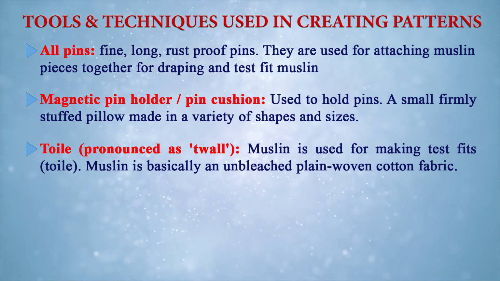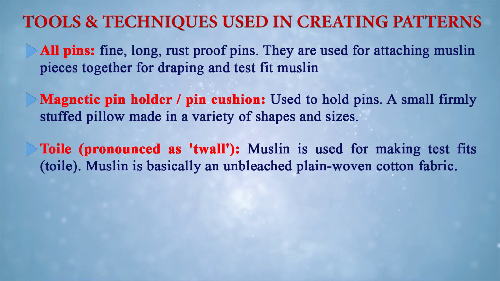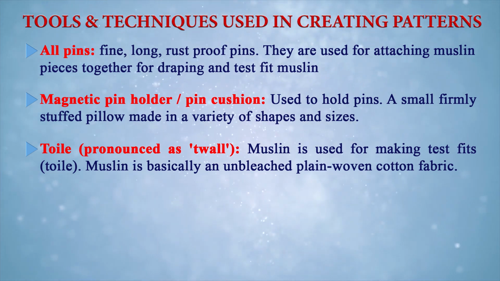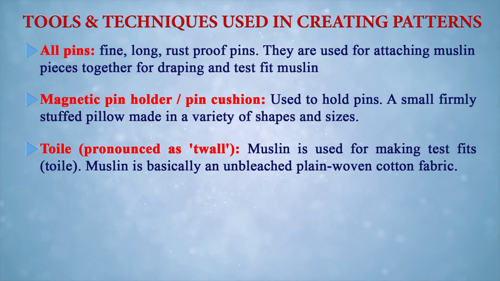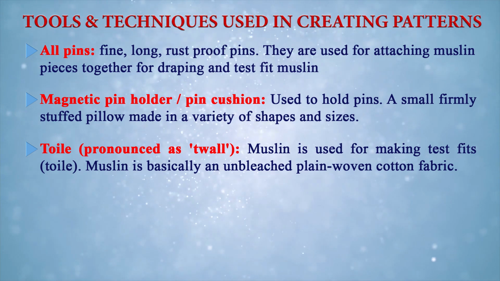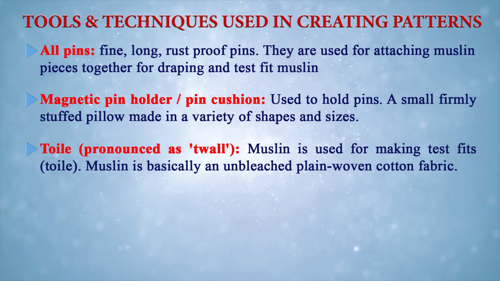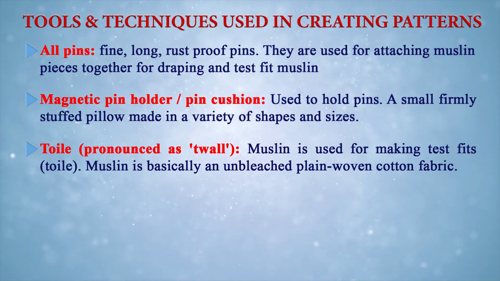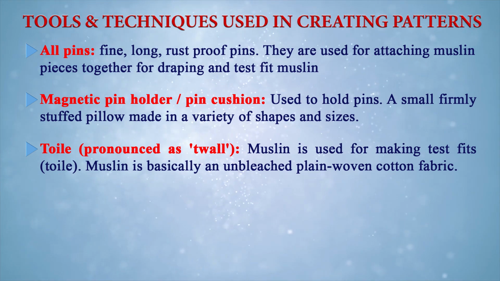Before developing a final design on the final fabric we want, we make a test fit garment to check whether all the technical things or the pattern we have developed is proper or not. That test fit garment is made out of the toile fabric, which is also known as the muslin fabric.